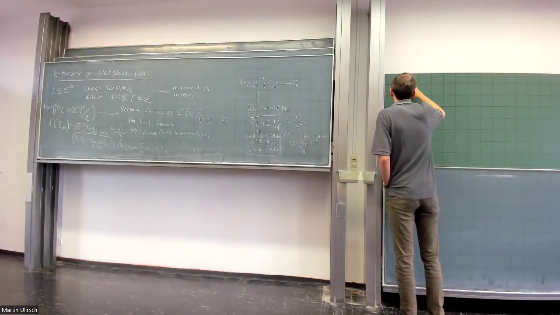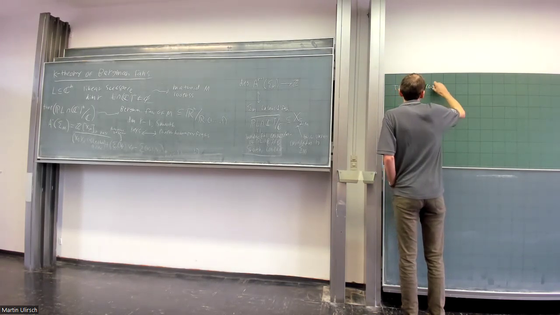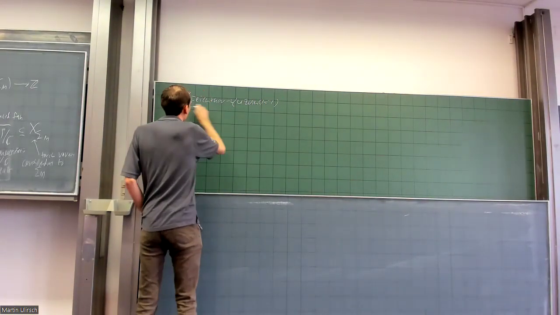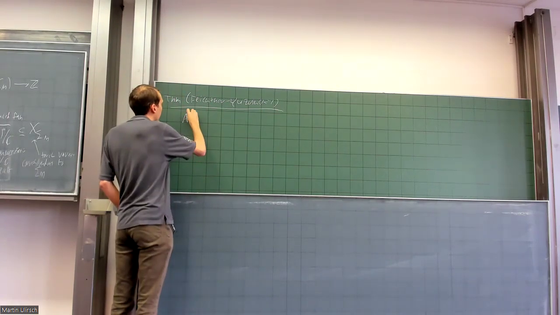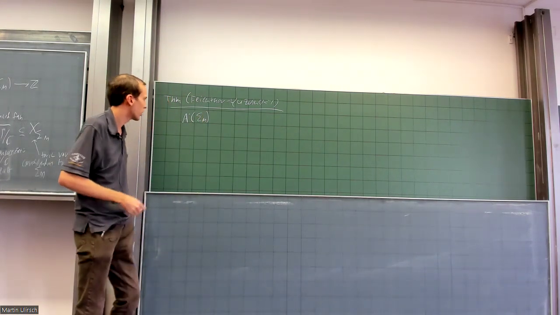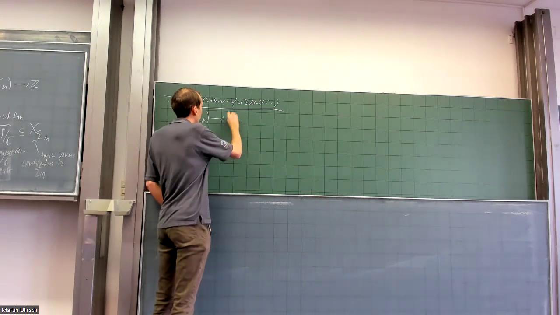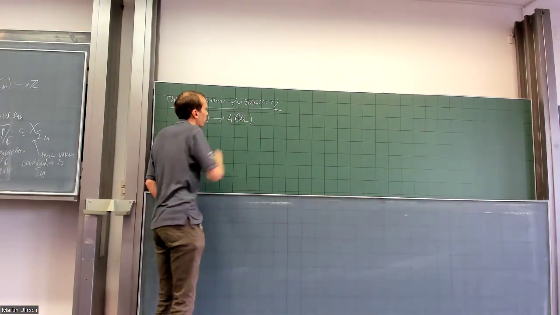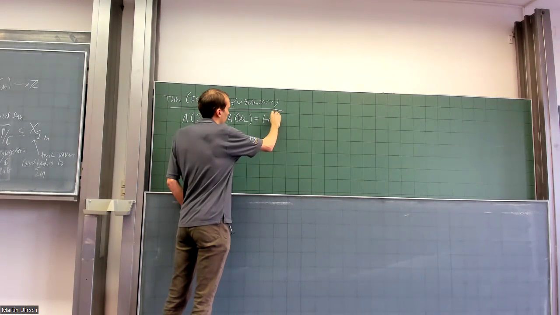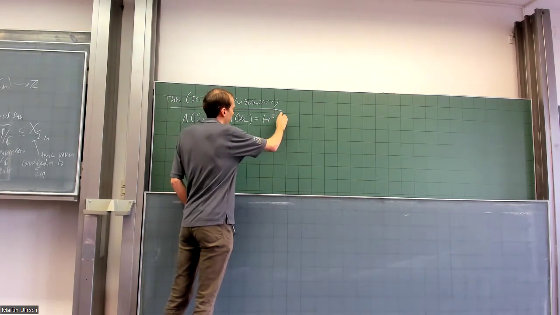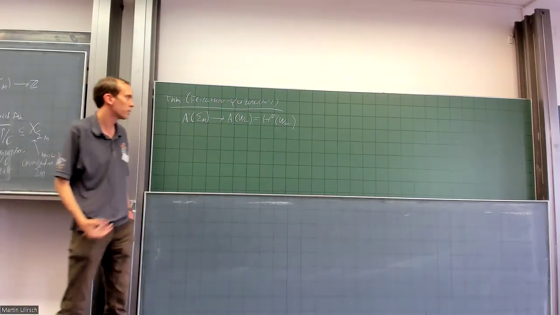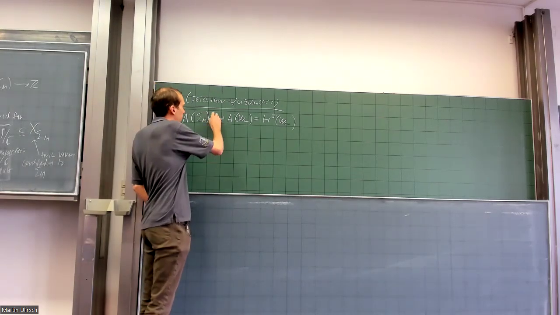It's a result of Feichtner and Yuzvinsky from 2004 that there's a restriction map from the Chow ring of sigma_M to the Chow ring of W_L, which is this wonderful compactification, a very nice variety, so its Chow ring is isomorphic to its cohomology ring. And this restriction map is an isomorphism.